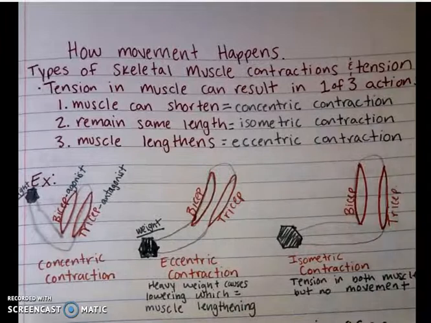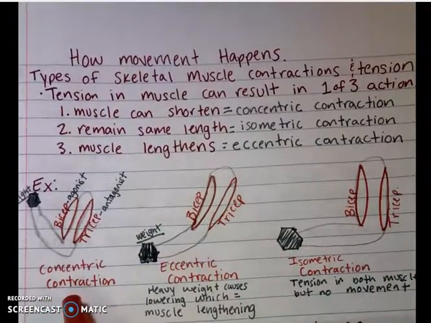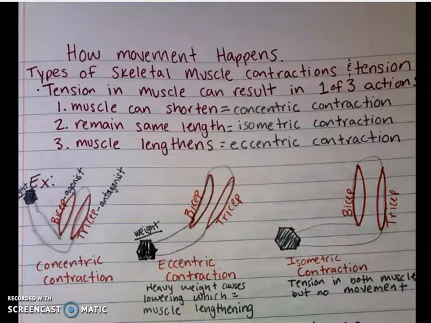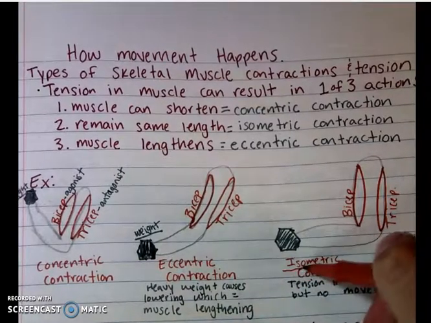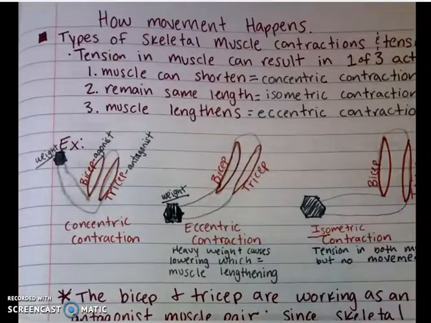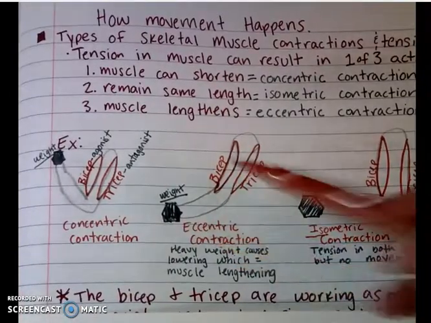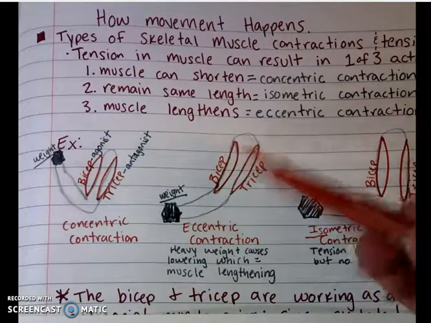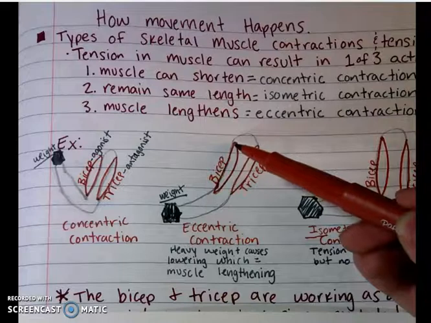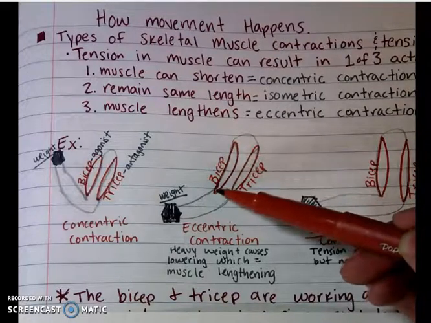Concentric contraction is the one you're probably more familiar with. Isometric, the way that I remember, is because of iso, meaning same, so the length of the muscle is going to stay the same. And eccentric is kind of weird. It's a form of tension in the muscle that's actually going to result in the muscle length increasing.